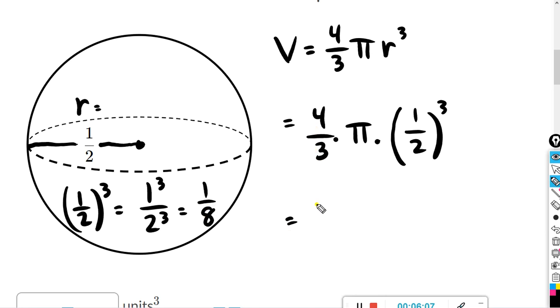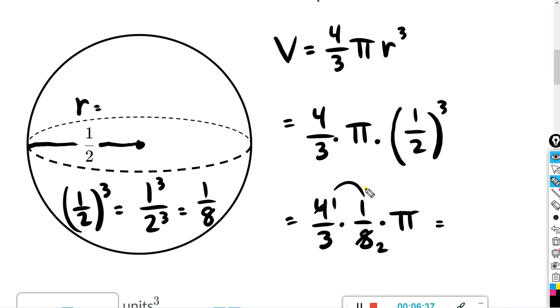So 1/2 cubed is actually 1/8. So we have the 4/3, and this we said was 1/8, so it's times 1/8. And that's times pi. And now we just multiply fractions, but I suggest you cancel first. Otherwise, you have to reduce at the end. Okay? 8 divided by 4 is just 2. 4 divided by 4 is just 1.